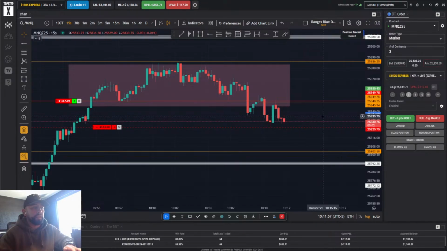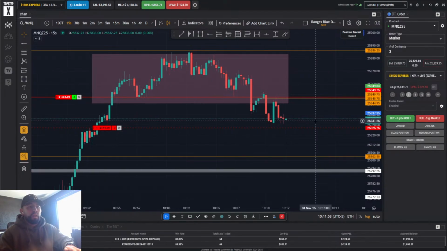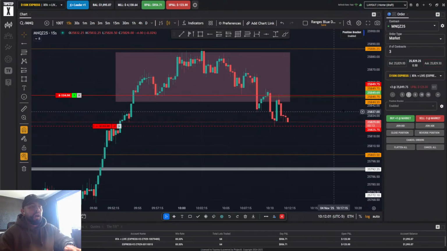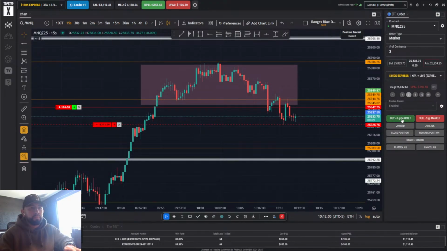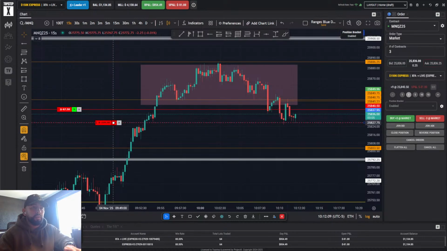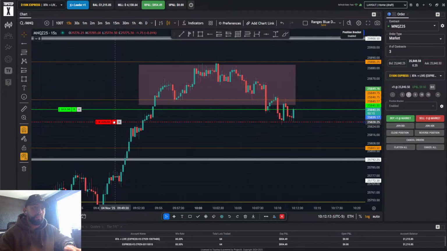Order filled. Order filled. All right, moving my stop just below this candle. I want to see those people get stopped out. It should go pretty quick here, if it does want to go.